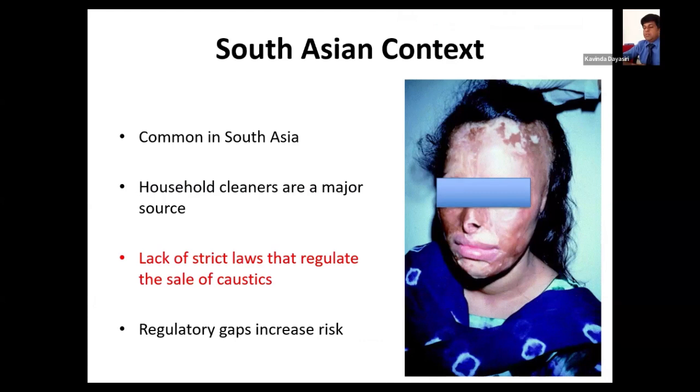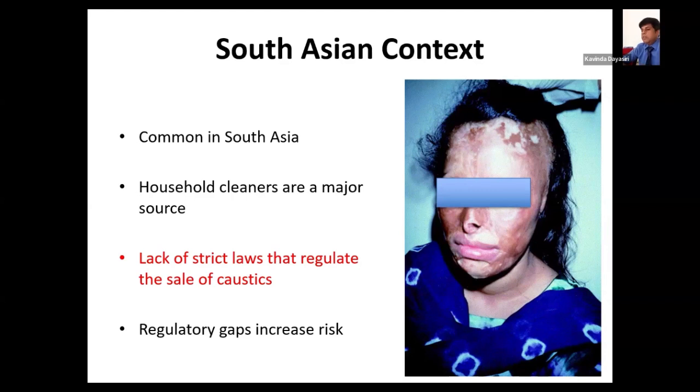And the problem in our context is we don't have laws regulating the sale of these substances, so they circulate freely, resulting in a higher incidence of poisoning in areas of South Asia.